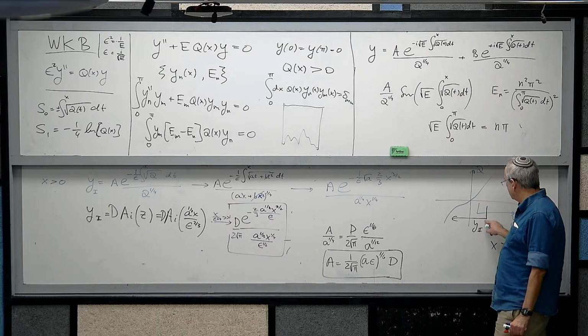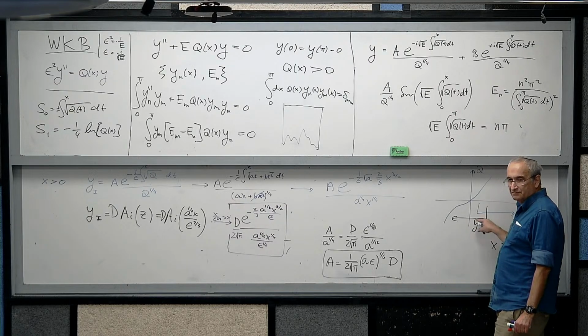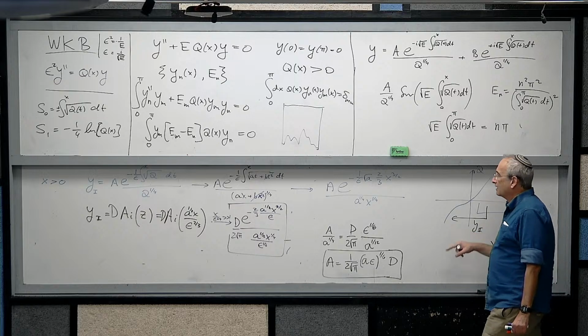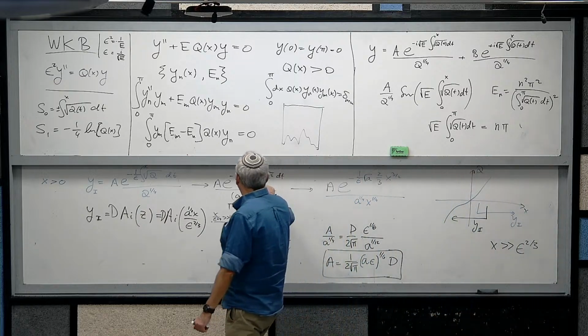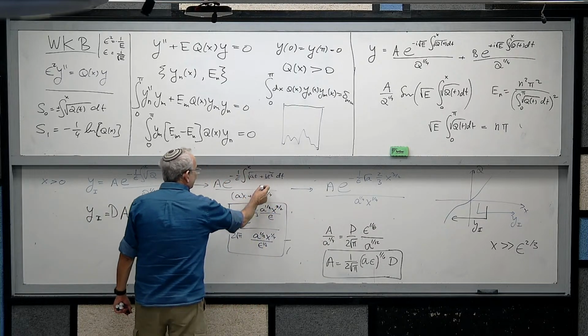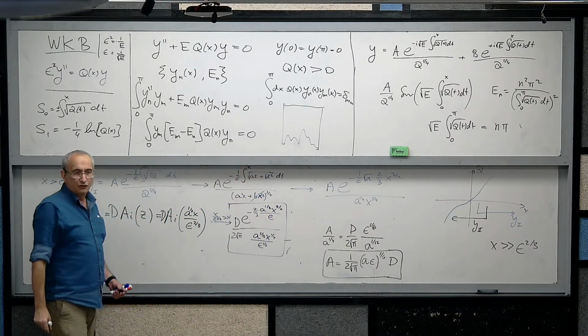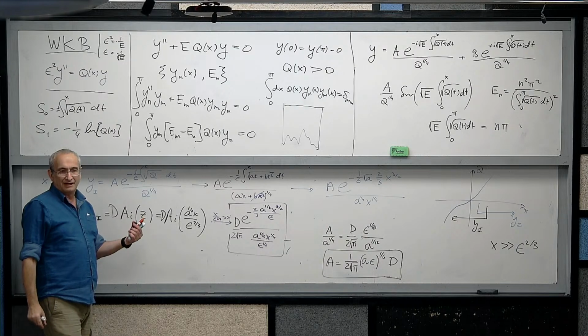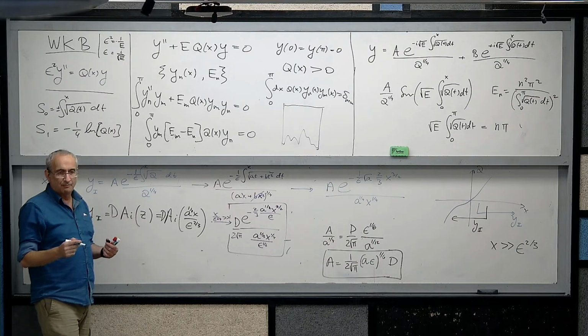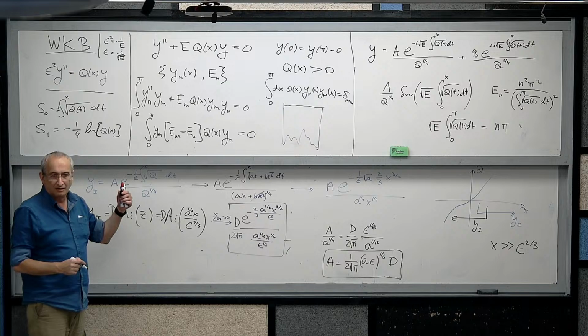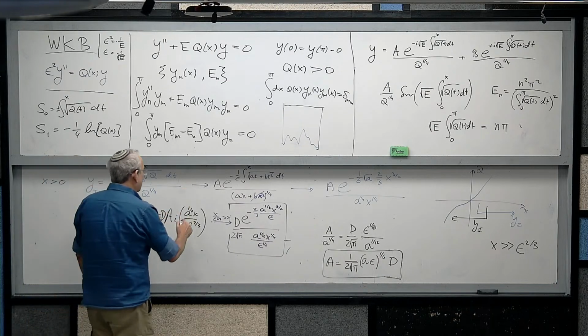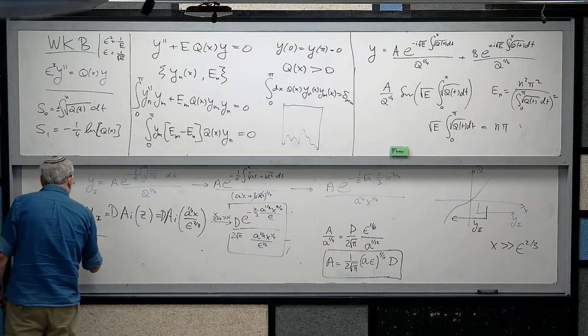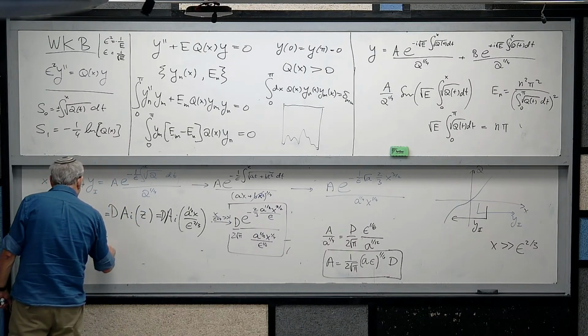And this allows us to expand Y2 for large argument of the Airy function. Here, what I did is to neglect this term in the exponent. And if you remember, in order to have an asymptotic relationship, I want this term to be small. Absolutely small.